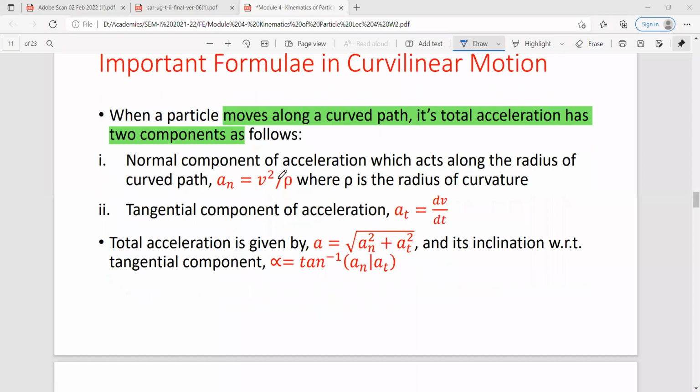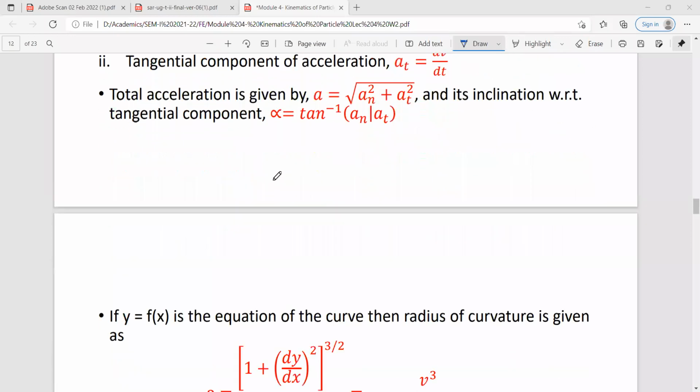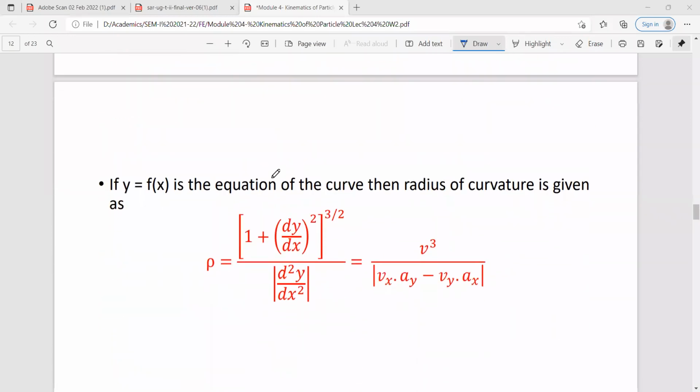And next is the formula of radius of curvature. That day we attempted to derive this formula for radius of curvature. Now it is your homework to see this derivation, how it comes.